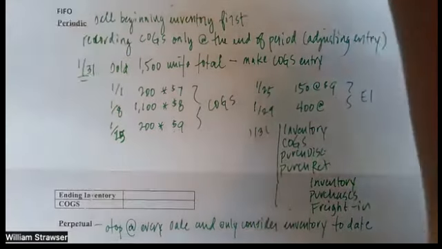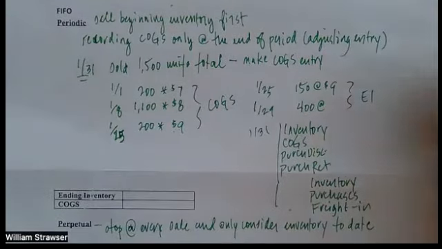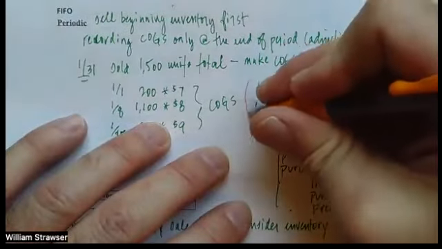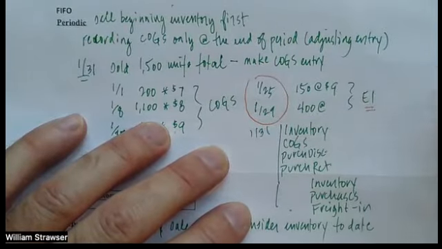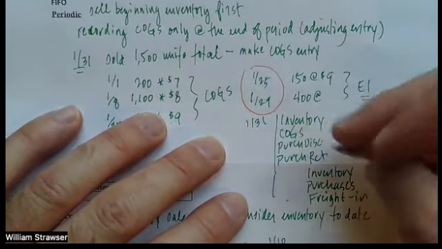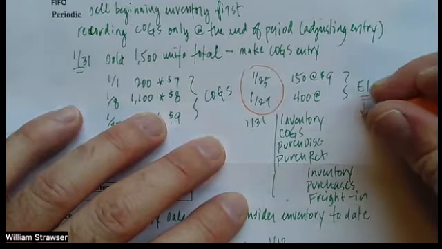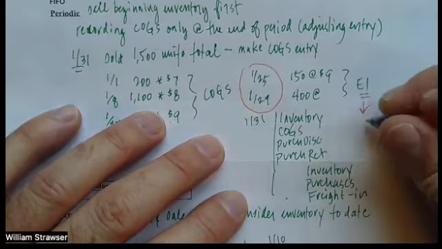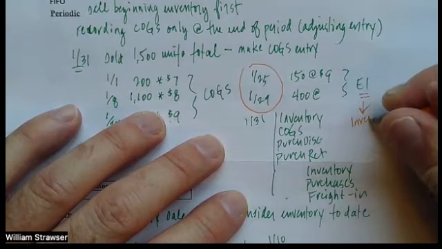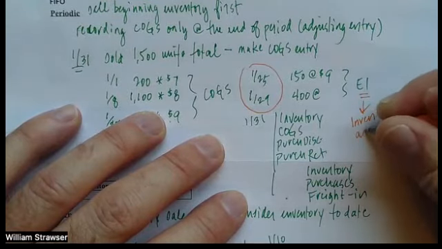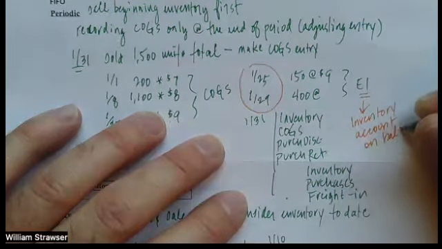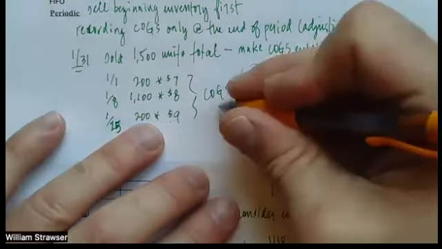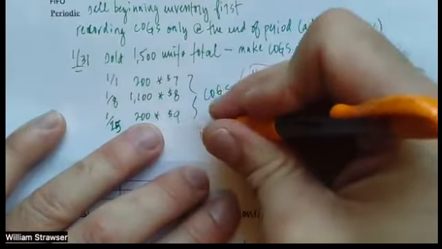And current costs are going to the balance sheet. Well, these costs are more current. Ending inventory, what's left of my inventory, that's my inventory account on the balance sheet. And of course, cost of goods sold is going to the income statement.